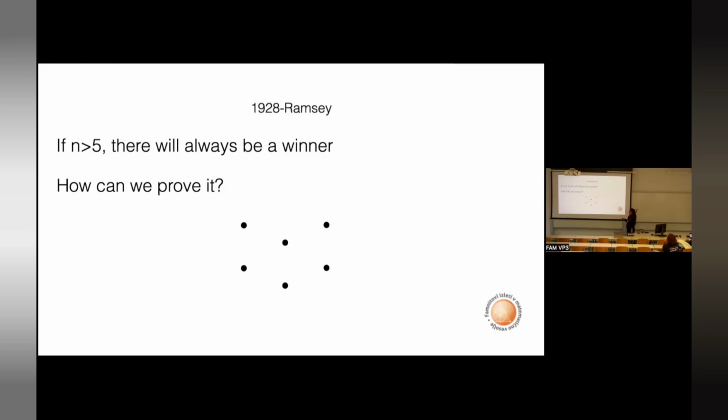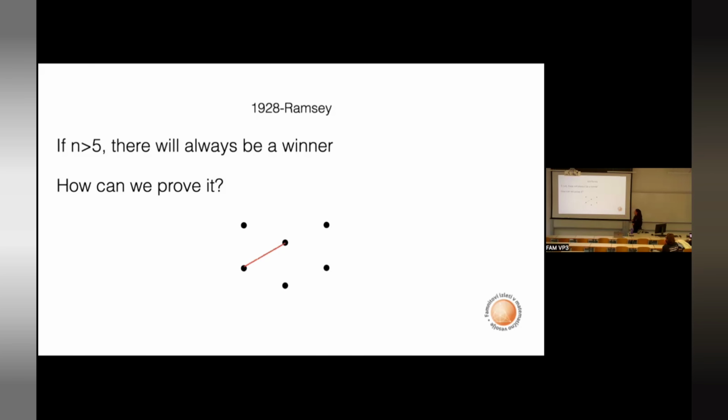So every point here will have at least three lines of blue color or red color. It's not possible that this point has just 2 red and 2 blue, because it has to have a line 1, 2, 3, 4, 5. So if it has 2 blue and 2 red, it's not enough. So every point will have at least 3 red or 3 blue.